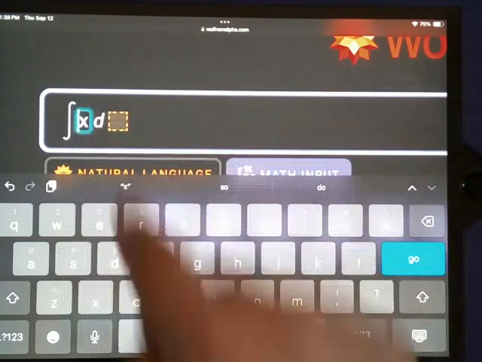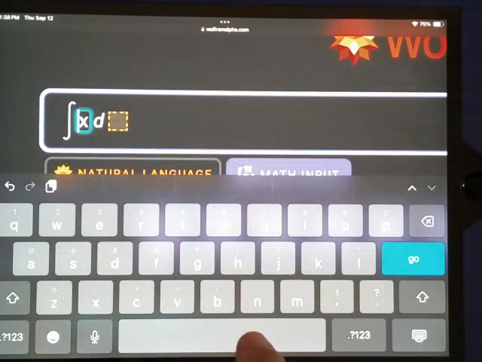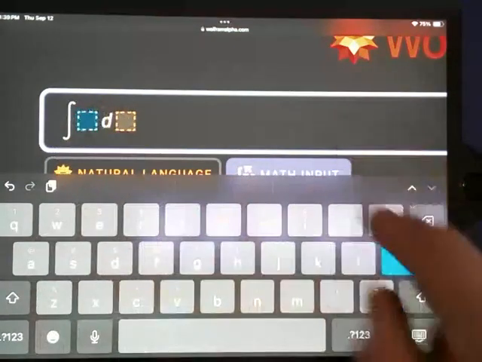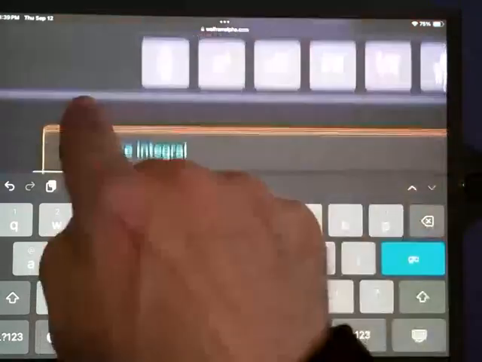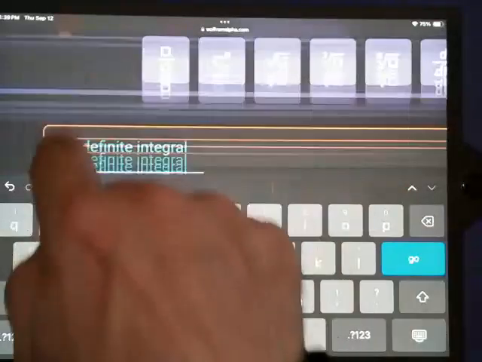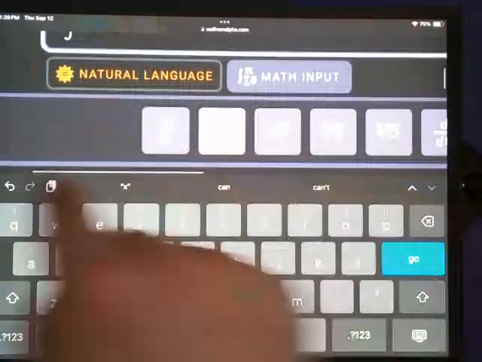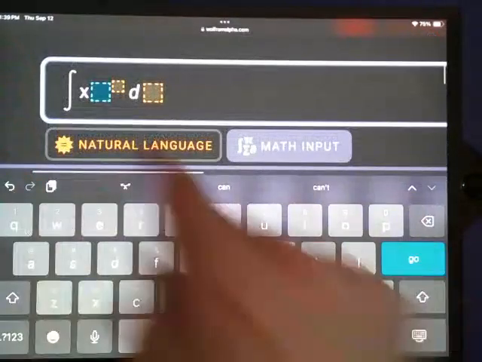I want a power on the x. I'm going to have to use the power button to get the power. So x to the power.